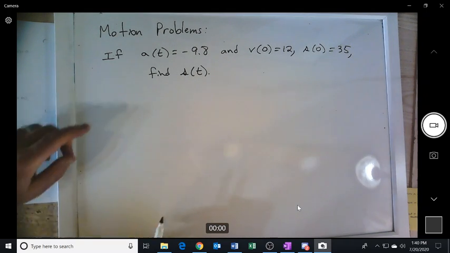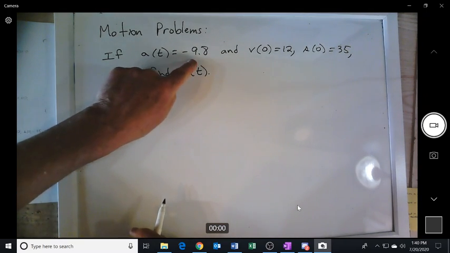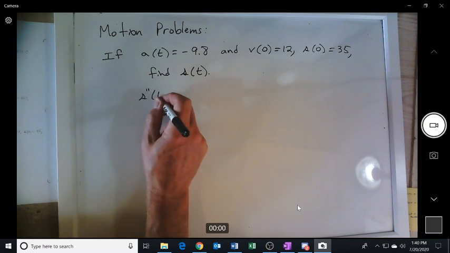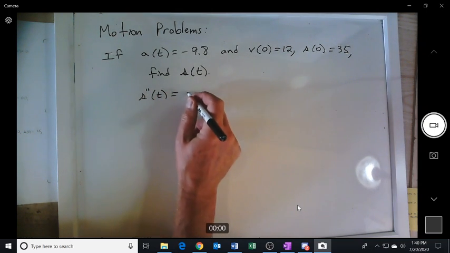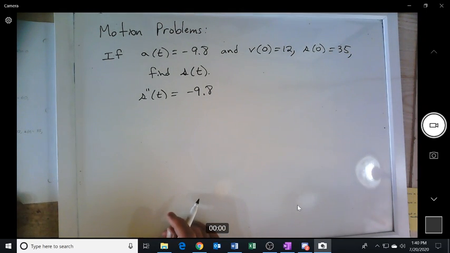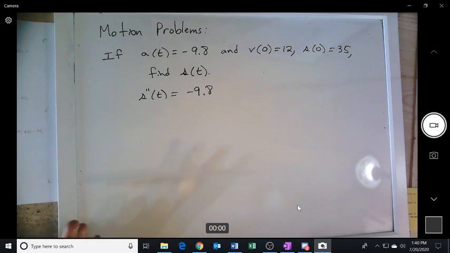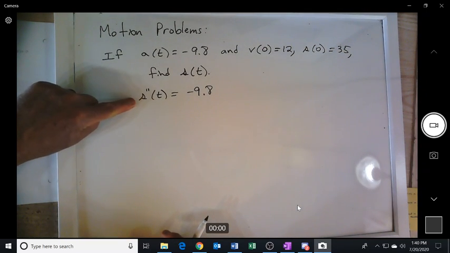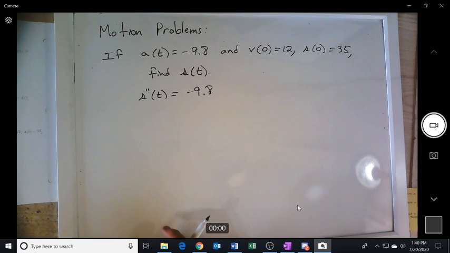When they say a of t is negative 9.8, they're really telling us s prime prime is negative 9.8, because the acceleration is the second derivative of the position function.